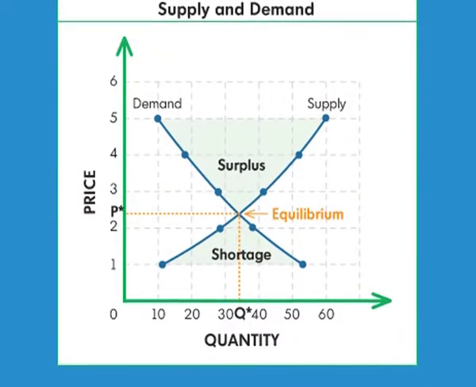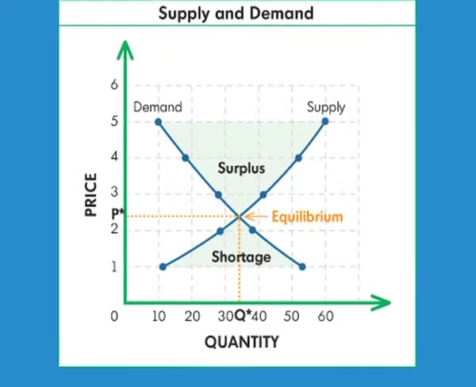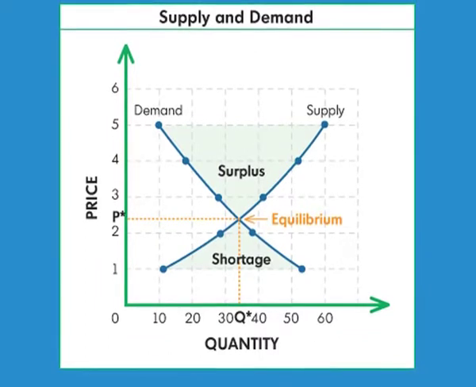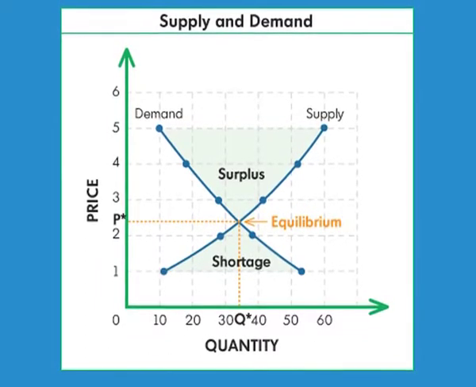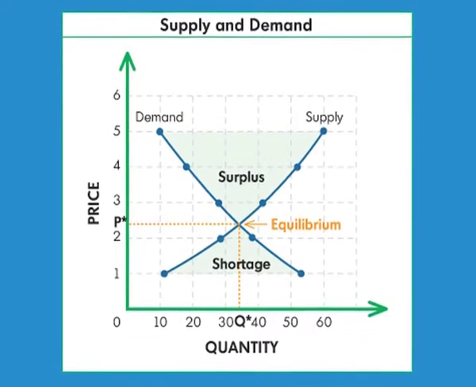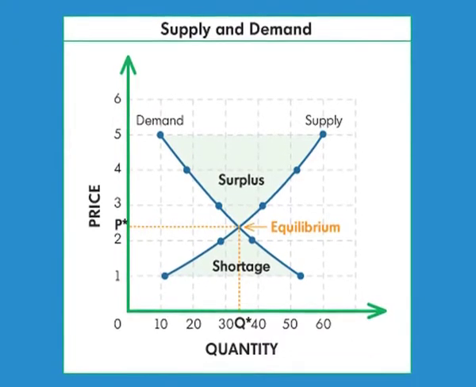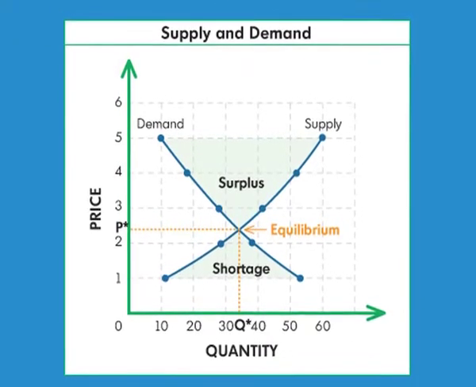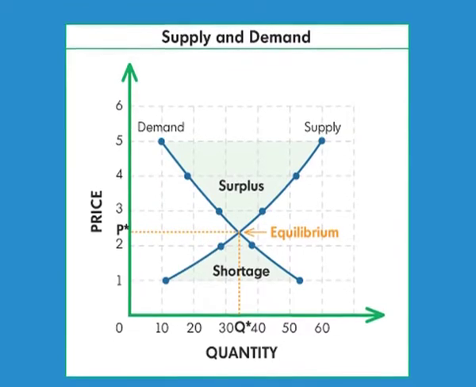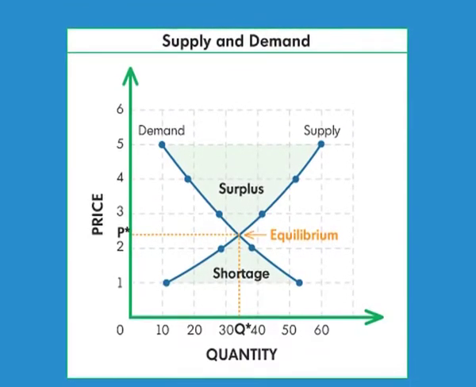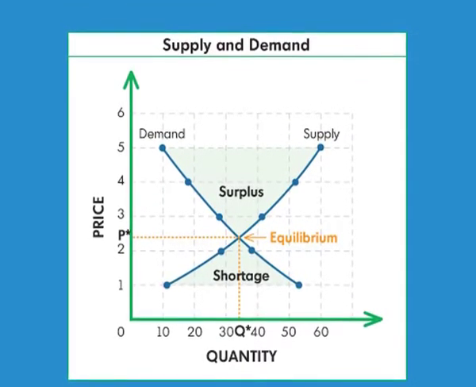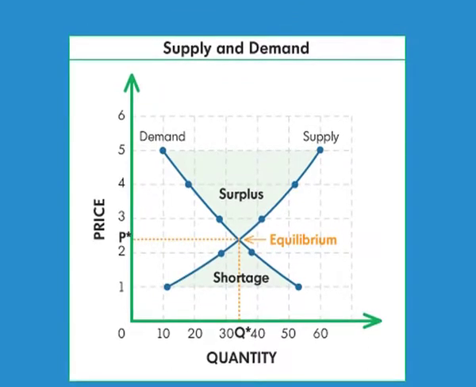It concludes that in a competitive market, the unit price for a particular good will vary until it settles at a point where the quantity demanded by consumers at the current price will equal the quantity supplied by producers at the current price, resulting in an economic balance for price and quantity.